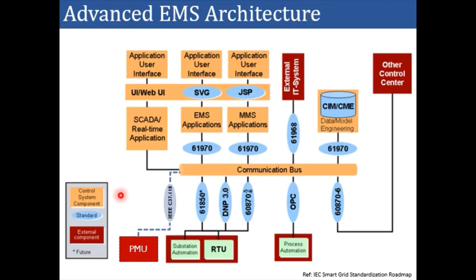Here you will see that the data is being fetched from the field using various field devices, which may be a phasor measurement unit, substation automation devices, or a remote terminal unit, or there might be various process automation related devices which are communicating data to the functional layer.